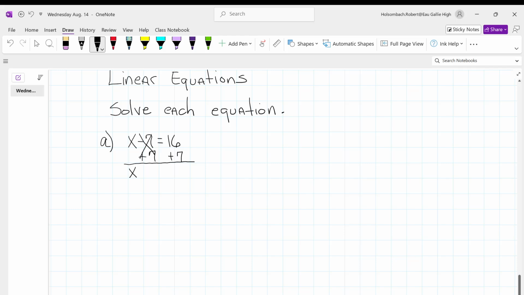Sorry, I'm late. The equal sign falls down, and 16 plus 7 is 23. All right, so here's your solution. If you want to check your solution, you take it and you substitute it back in for the variable. So does 23 minus 7 equal 16? Yes, it does. So your answer is correct.